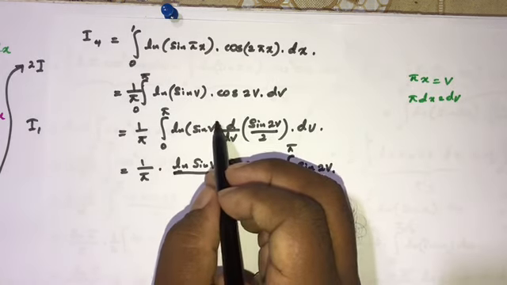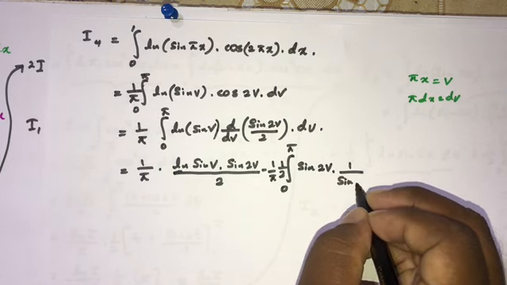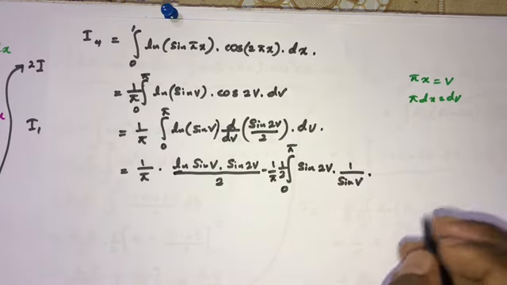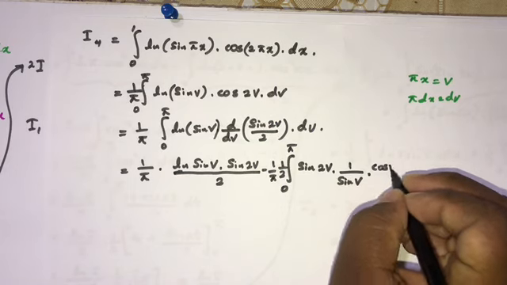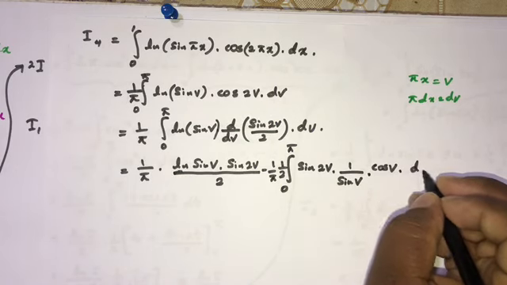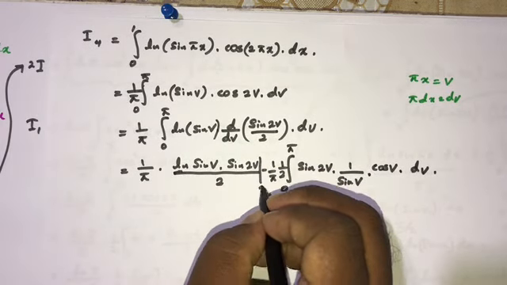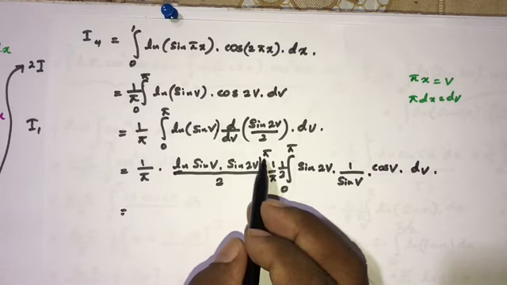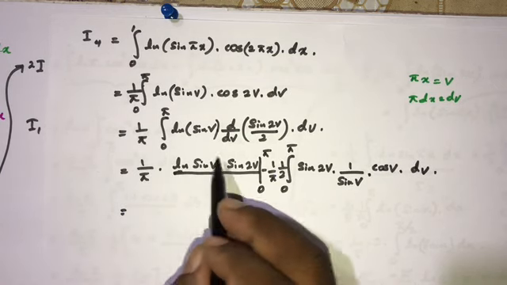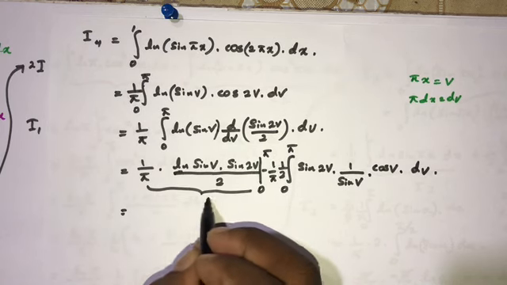Now derivative of this function, so 1 over sine of v, and according to the chain rule, derivative of sine of v, we know cosine of v dv. Here limit 0 to π, so if we plug in π here, sine of π is 0. If we plug in 0, also 0, so this is going to 0.